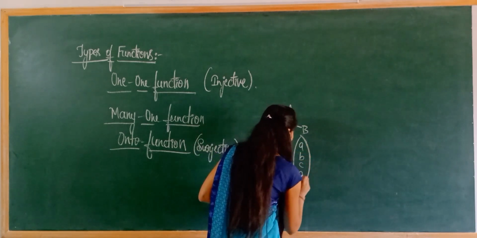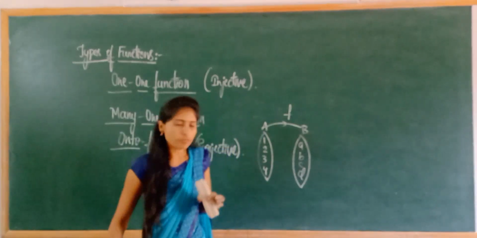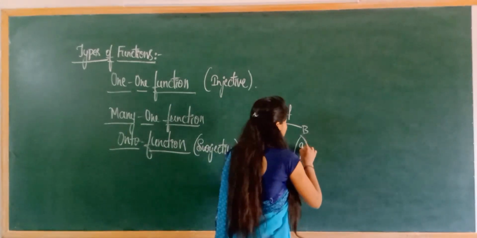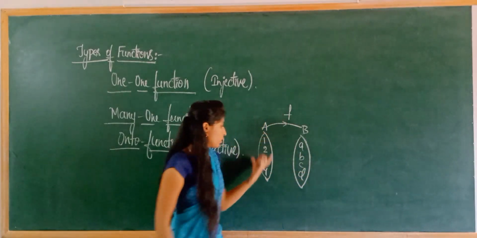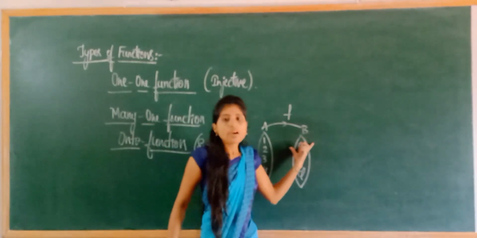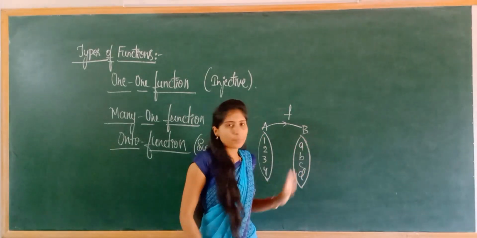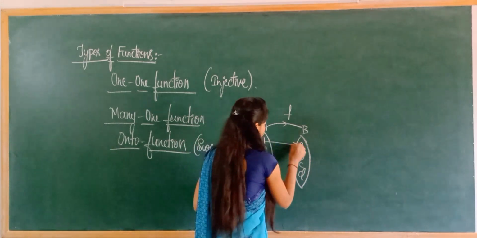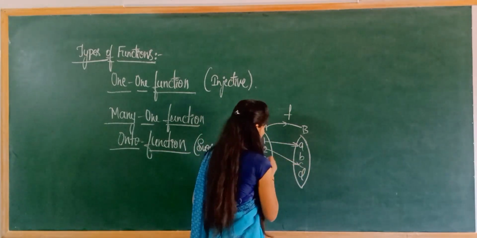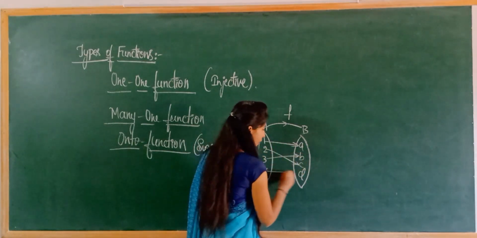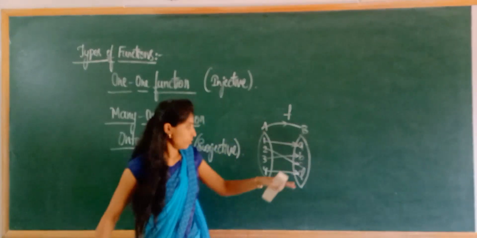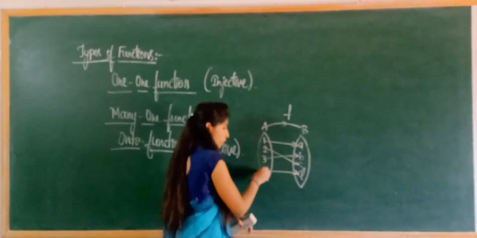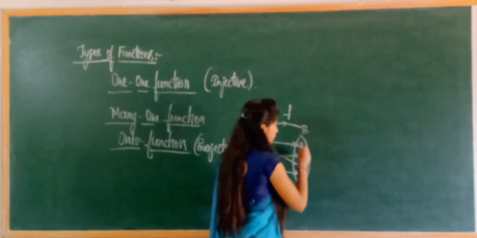Okay. In onto function, this is what? Domain, right? And this is range also and codomain. For example, suppose 1 is related to A and C, 3 is D, and 4 is D. Okay. This is domain, right? 1, 2, 3, 4 are domain. And what about range? A, B, C, D are range.